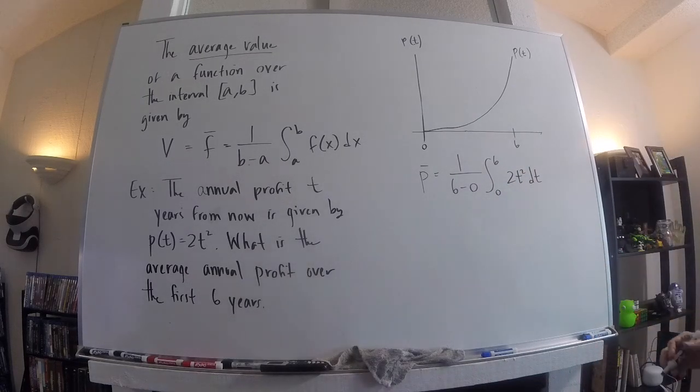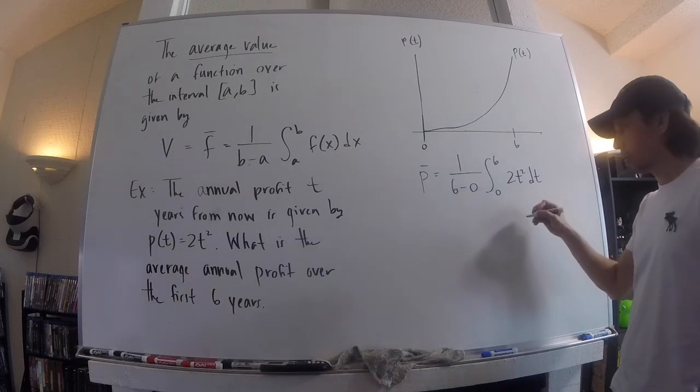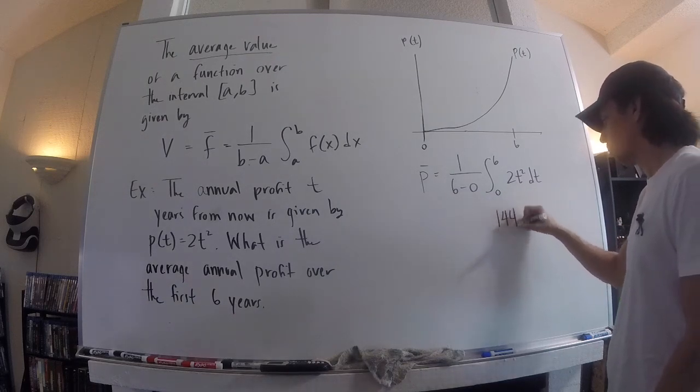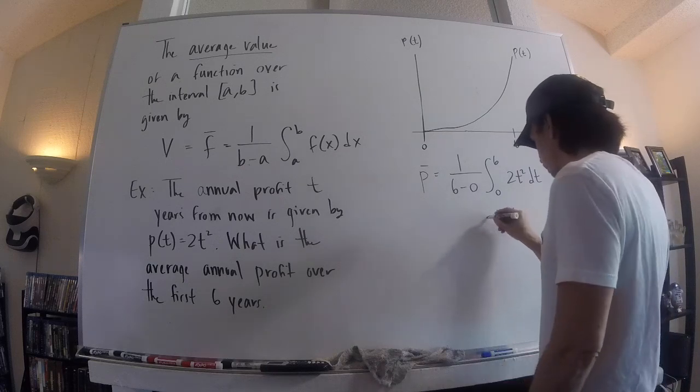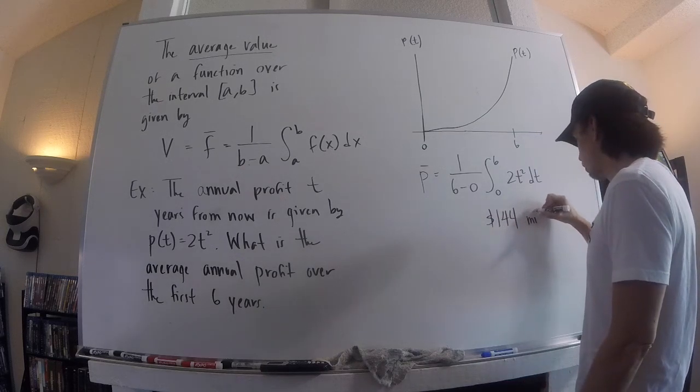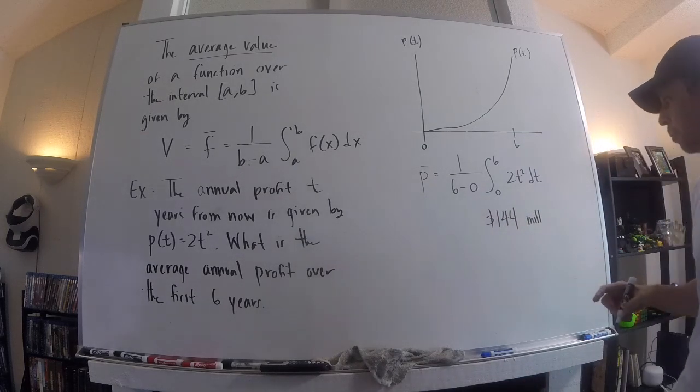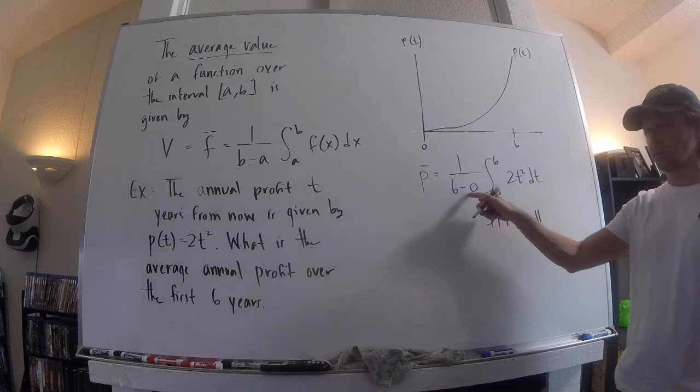That's what we're doing. I did this before. It was 144. I'm going to put units even though it's not necessary, but I do want to mention that $144 million is that integral. I'm not done because I've got to do that piece.